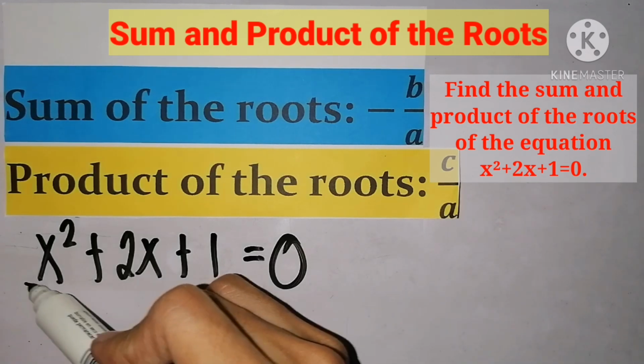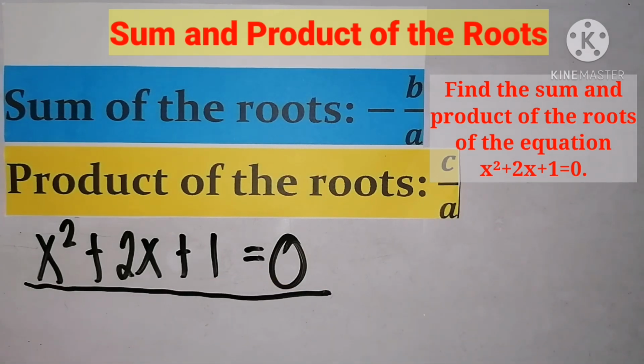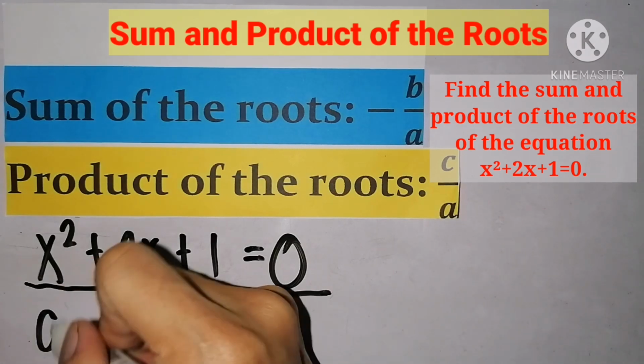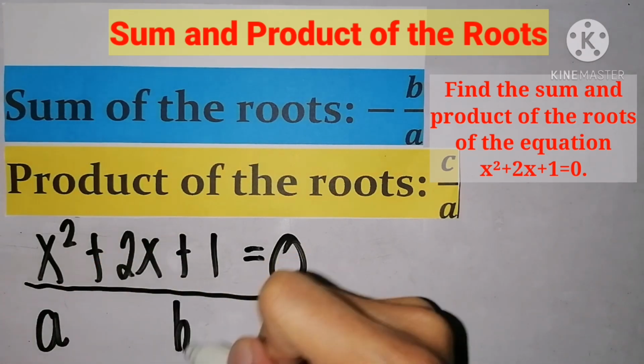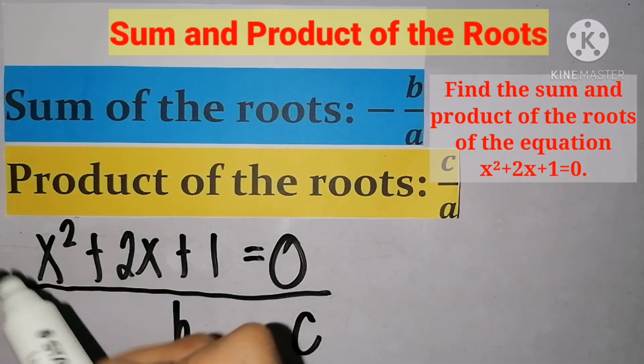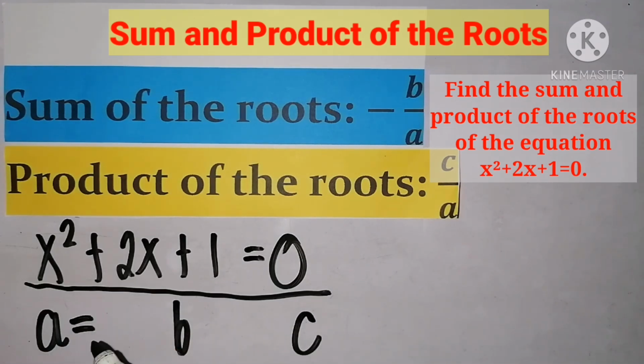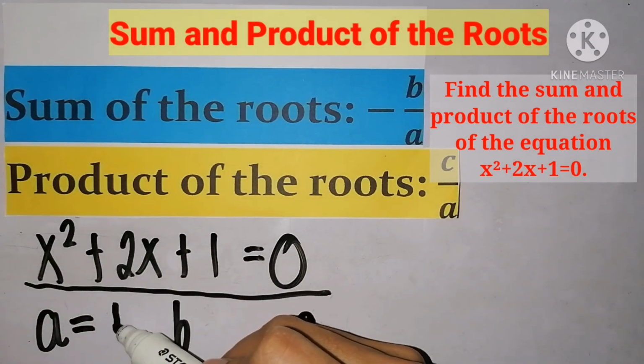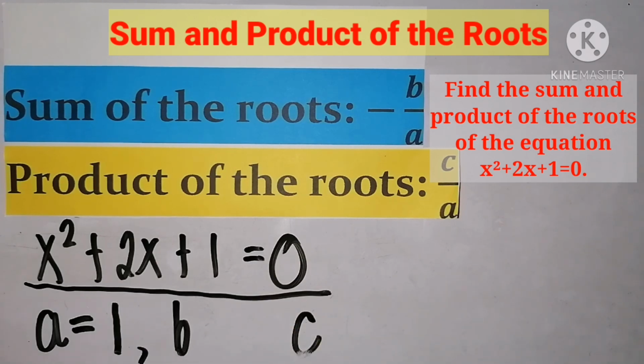Since the quadratic equation is already in the standard form, we will directly find the values of a, the value of b, and the value of the constant. So what is the value of a? The numerical coefficient of x squared is the value of a, so we have 1 as the value of a.